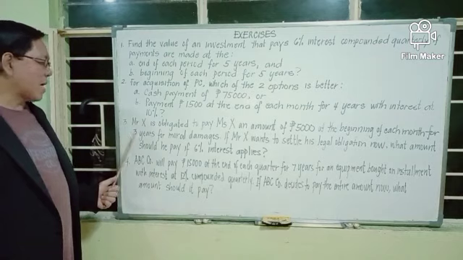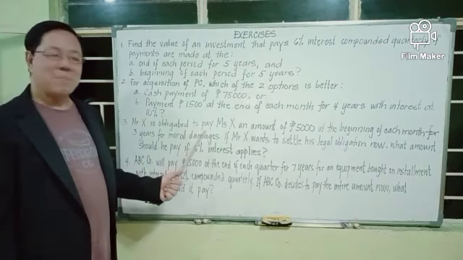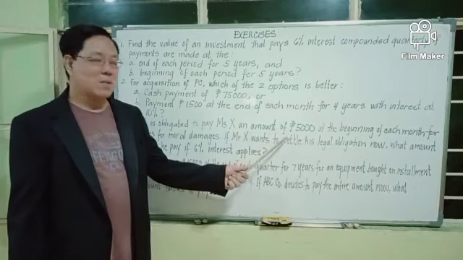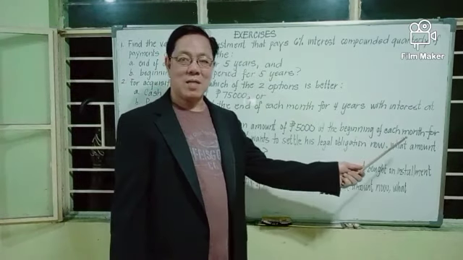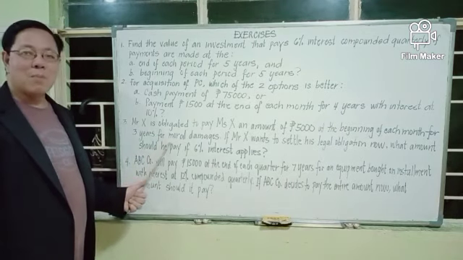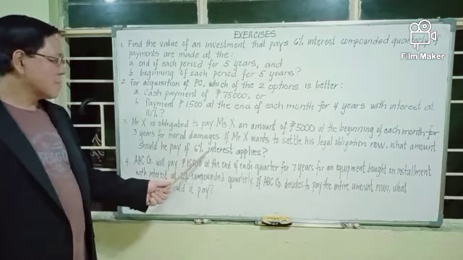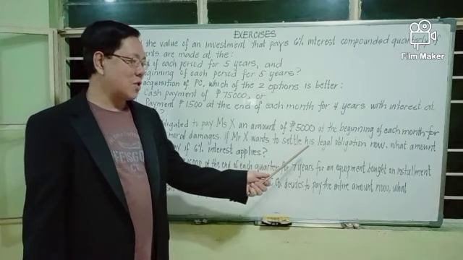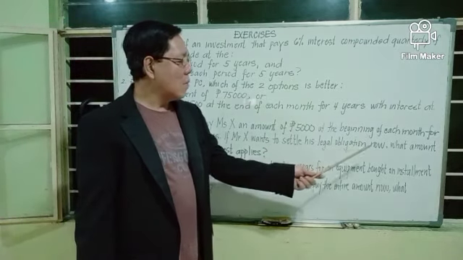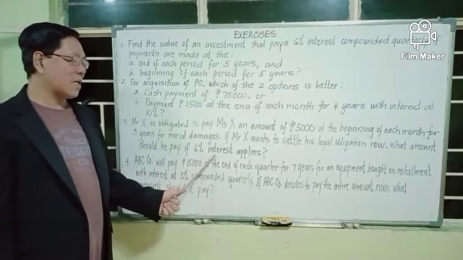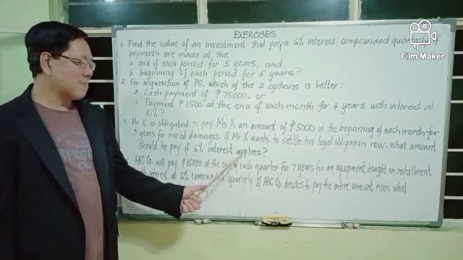Number 3, Mr. X is obligated to pay Miss X an amount of 5,000 pesos at the beginning of each month for 3 years for moral damages. If Mr. X wants to settle his legal obligation now, what amount should he pay if 6% interest applies?